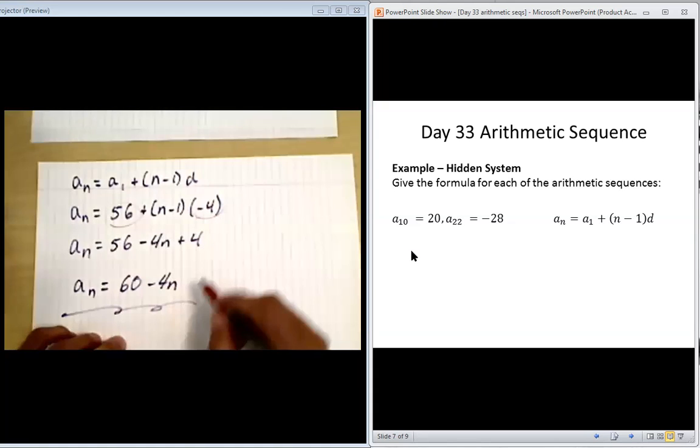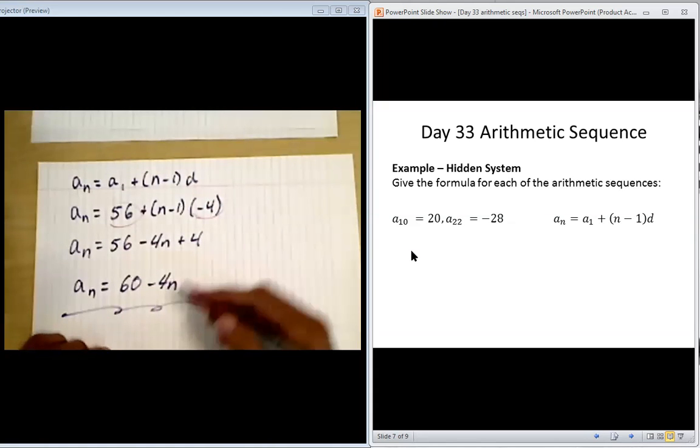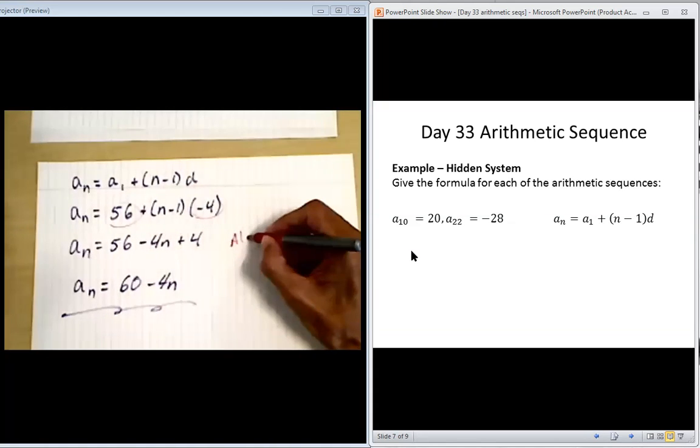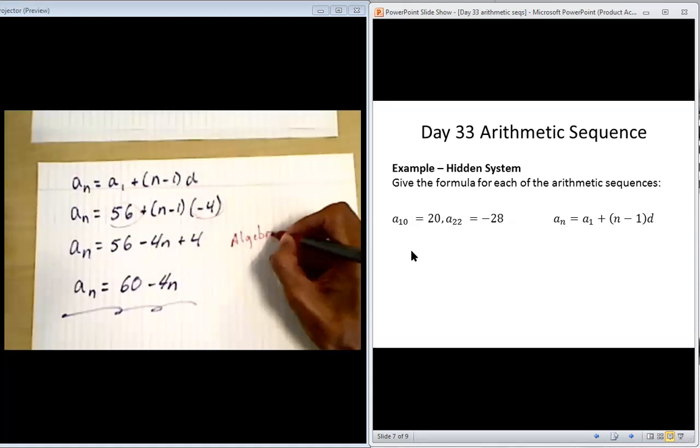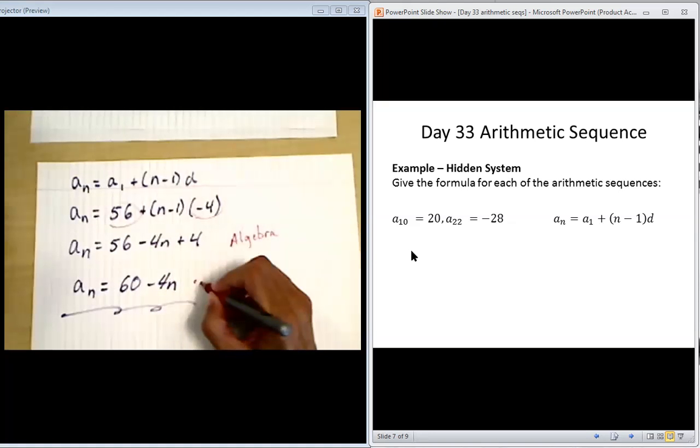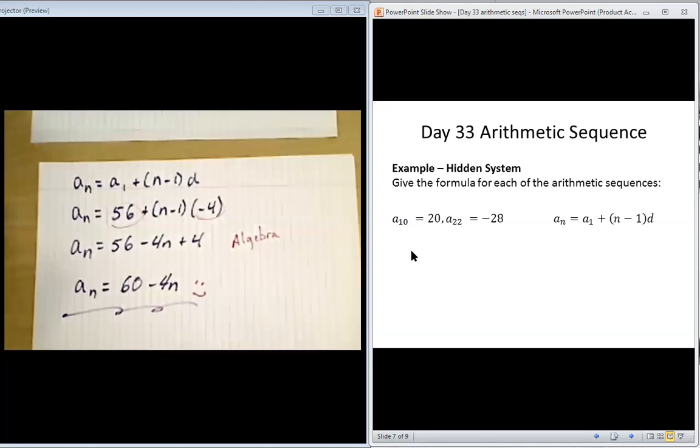D is -4, which we got. Some algebra. And we get this now as our final formula there. Okay, so I'll leave that question there. I think that might be all.